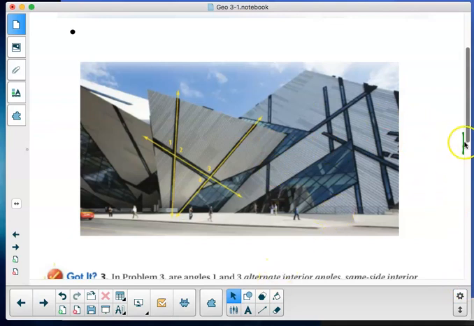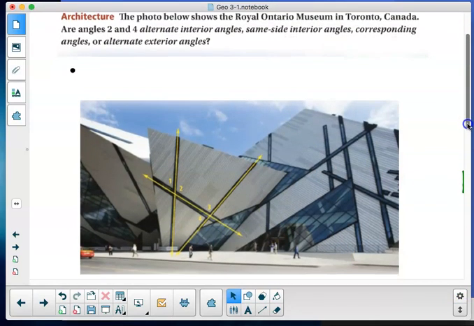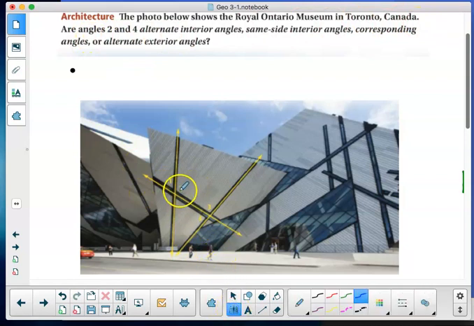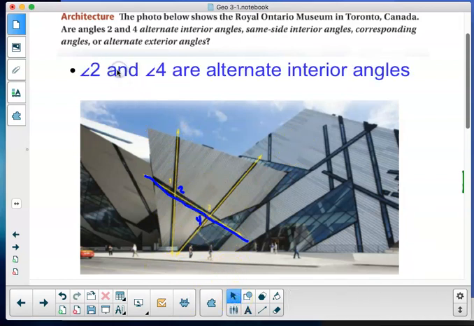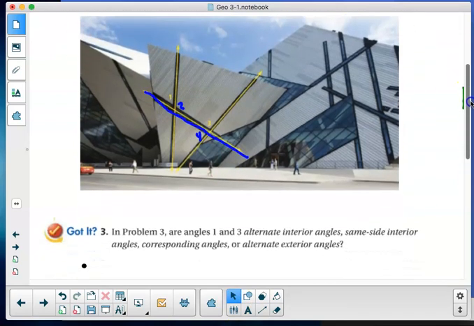So if I'm looking at this and considering the question, are angles 2 and 4, so this is angle 2, and they're talking about angle 2 and 4. Now, they are on alternate sides of the transversal inside these two lines, so they're alternate interior angles, okay? Angle 2 and angle 4 are alternate interior angles.